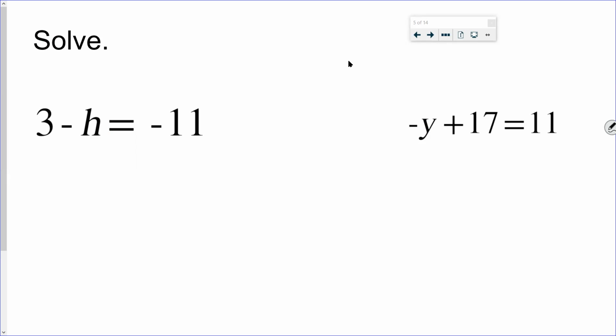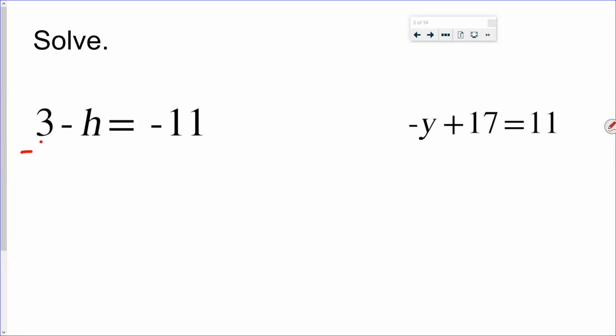How can I get rid of the 3 on the left side? It looks like there's a minus, so you're going to think, I've got to add. Well, if I add 3, then it gives me 3 plus 3, which is 6. 6 isn't going to get rid of it. So what is the opposite of a positive 3? It would be a negative. Oh, that's a negative 6, my fault.